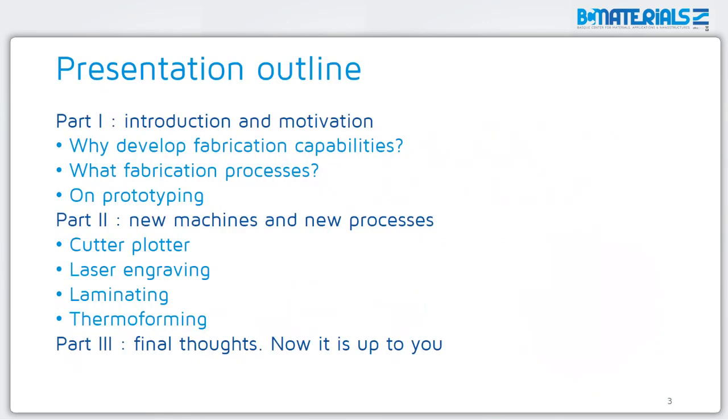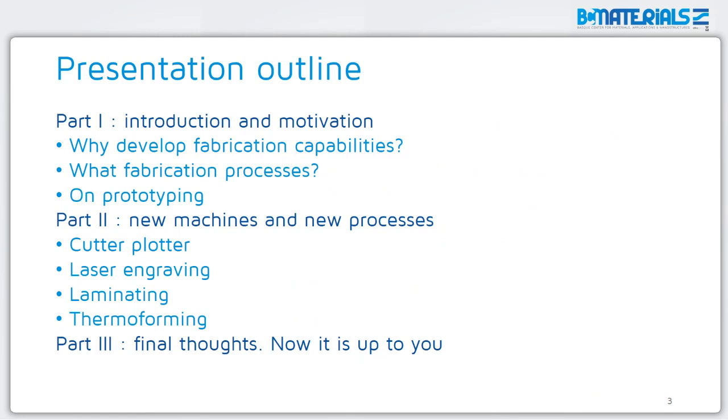So the talk today is structured in 3 parts. First, I'll give you an introduction about why introduce fabrication processes in a materials research institute. Next, I'll tell you a little bit about the different fabrication processes that we have already and the ones that we are introducing in the micro and nano devices line.